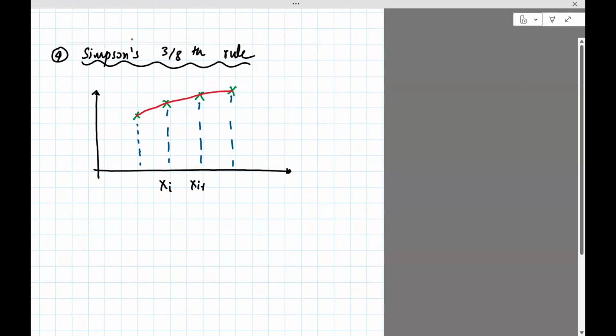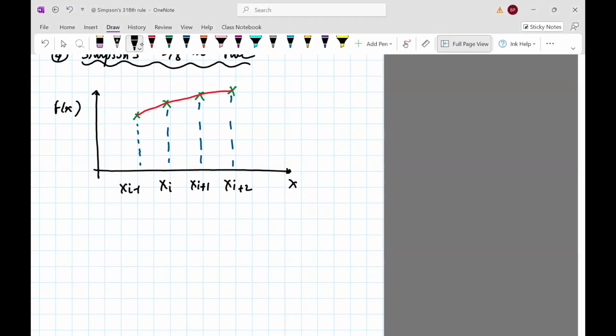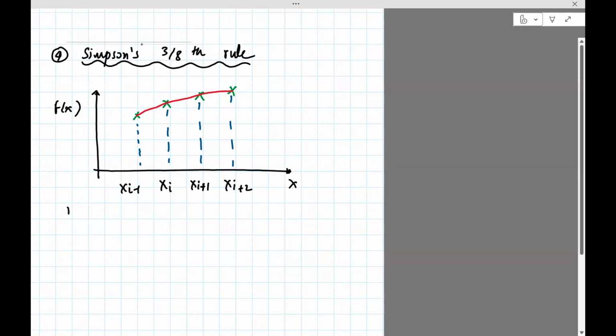This is xi plus 1, xi plus 2, and xi minus 1. Okay, so we'll assume P3 of x as a(x minus xi) cubed plus b(x minus xi) squared plus c(x minus xi) plus d.